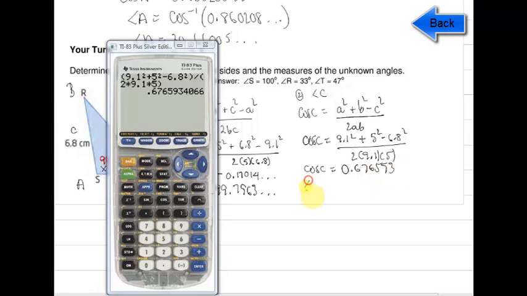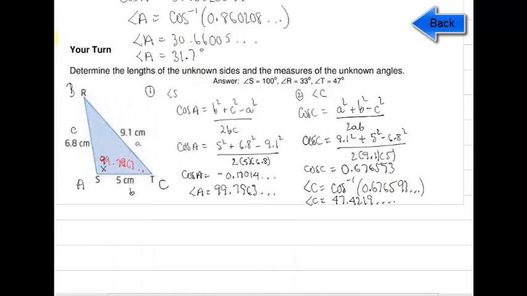I want the inverse cos to find my angle. And I get that angle C is equal to 47.4219 dot dot dot. Okay, which I will round off later. So angle C then is 47.4219.